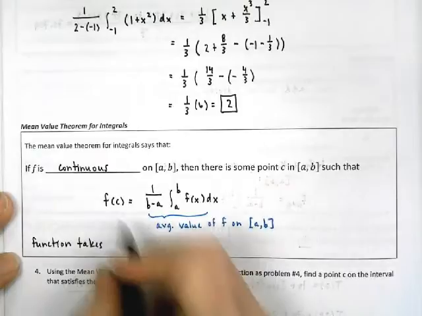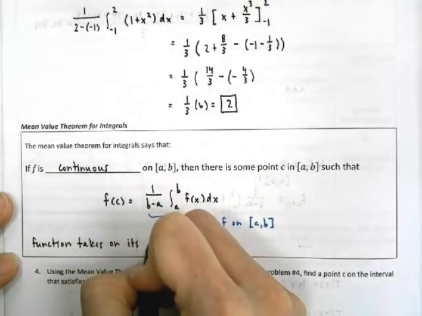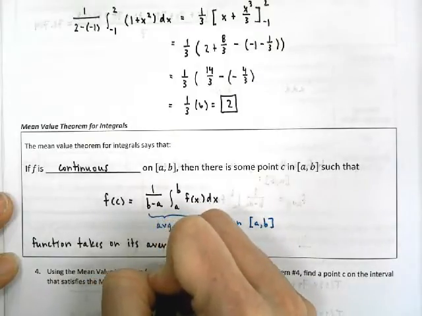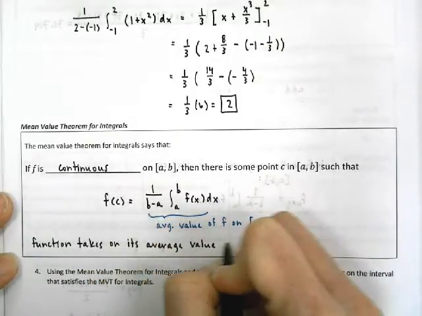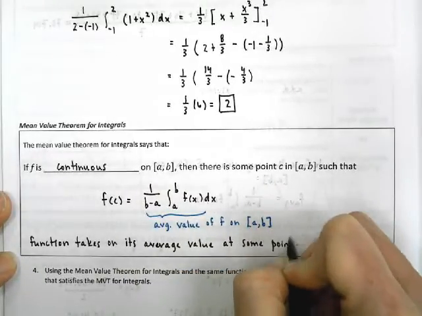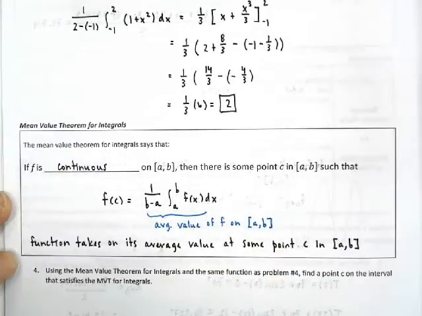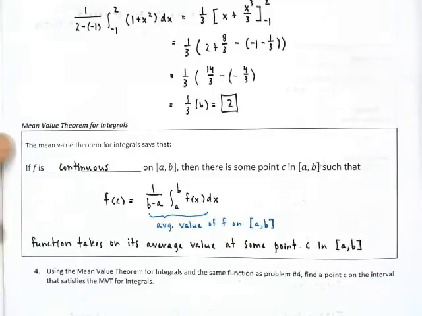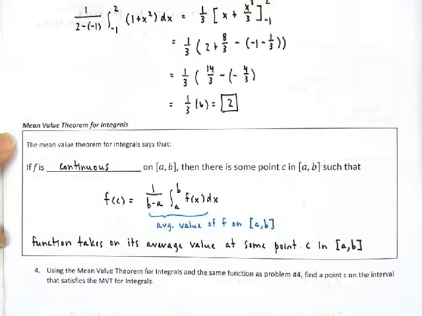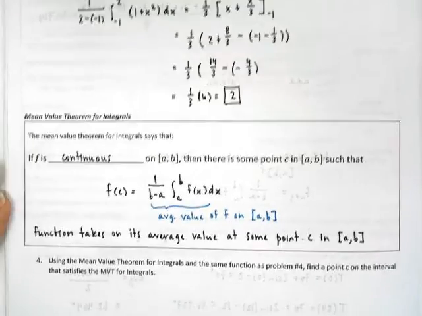So if it's continuous on that closed interval, it's going to take on its average value at some point c in that interval. If you think back when we talked about mean value theorem for derivatives, all that said was that at some point in the interval, the average rate of change was going to be equal to the instantaneous rate of change.